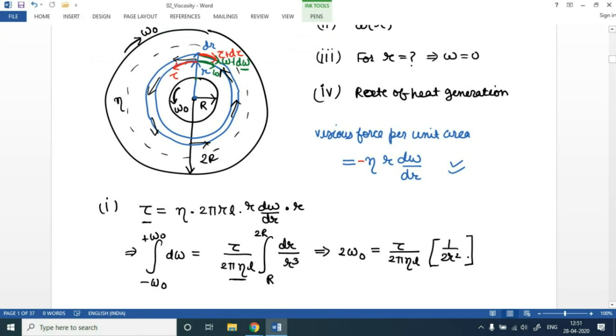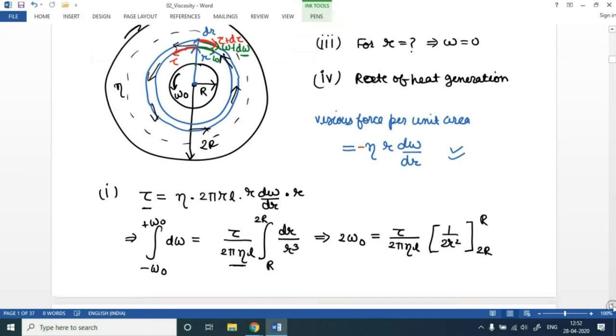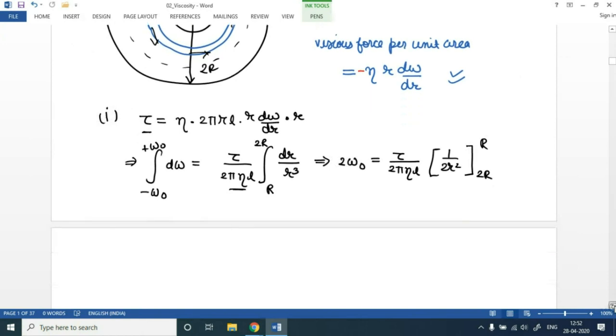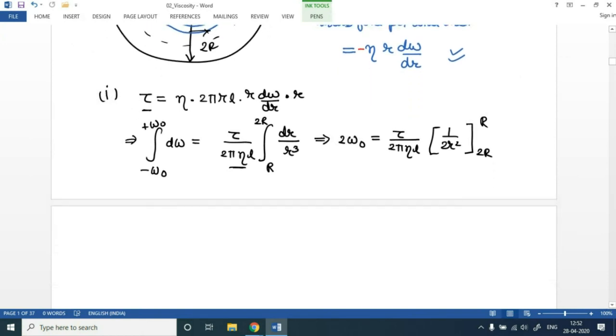Let's change the limit from 2R to R, taking care of that negative sign, and solving for everything. The tau we get here, replacing all the values, is 32 by 3 pi eta L r square omega naught. So that is the expression for torque which all the layers would be experiencing.